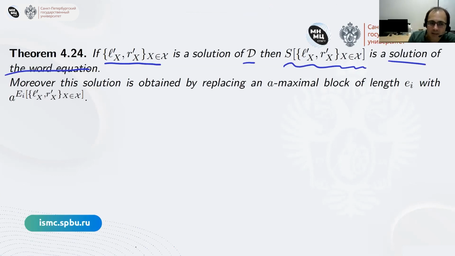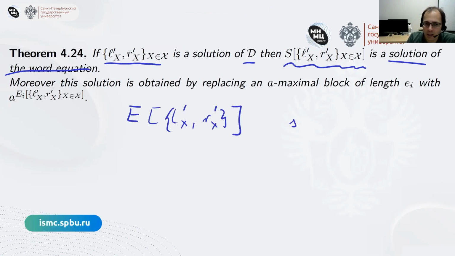If there was a length Ei, then it was somehow obtained from the lengths of the prefixes and suffixes. If we substitute the values L prime and R prime, then this corresponds to a substitution in which those were the true values of the prefix and suffix, and the corresponding maximal blocks were also of those lengths.